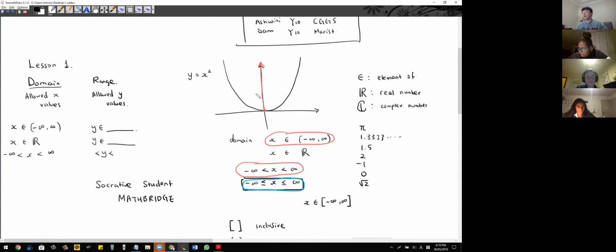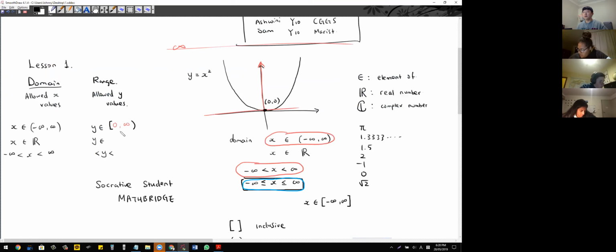But for the range, it's from there to there, right? So it must be 0 to infinity, but you have to do exclusive for infinity, and it has to be inclusive for 0 because it includes that point there. This point is 0, 0, isn't it?